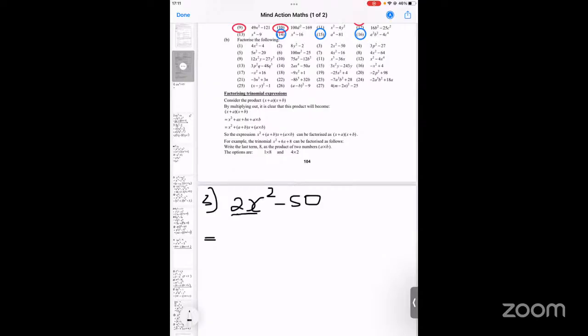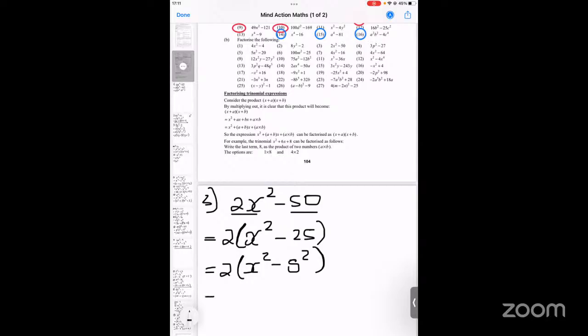So what is it that can be taken out as common factor? 2. Yes, then we take it out, so that we have that minus 25 there. Now we have x squared minus, this can be written as that, isn't it? Yes, sir. Then now it's a done deal. Do you agree there, Gracie? Yes, sir.